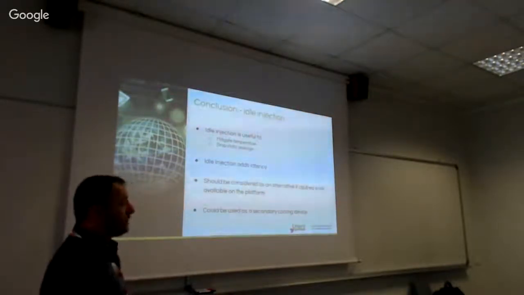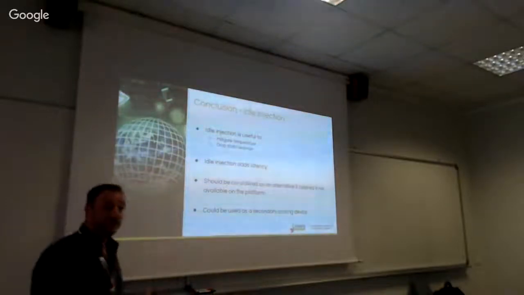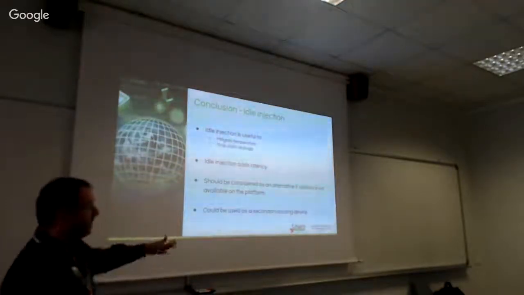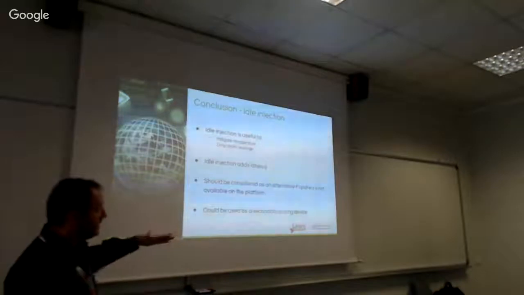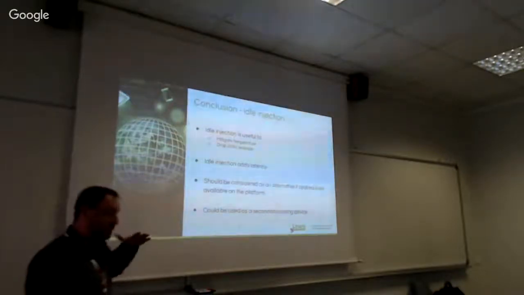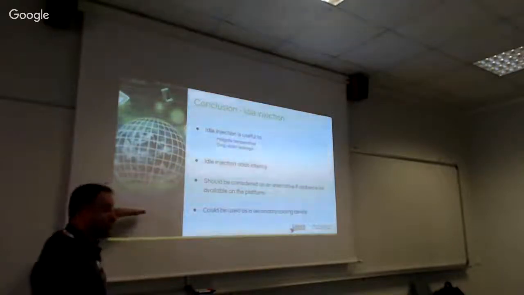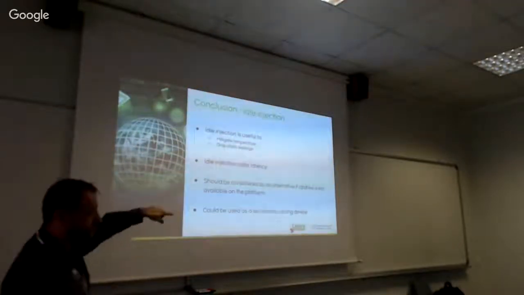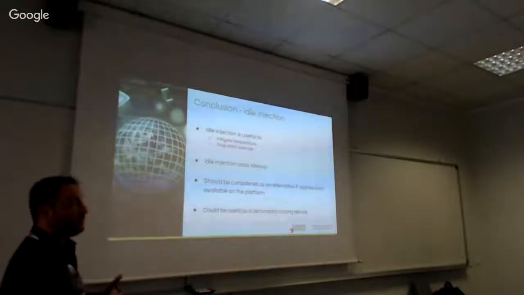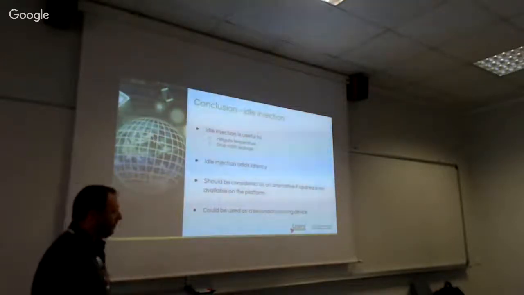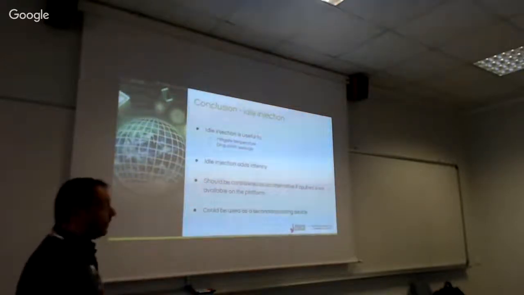Or we can also use that as a secondary cooling device. So let's imagine the first cooling device is acting at one temperature, and then when we reach another, higher temperature, we can switch to this one because that means the first one is not succeeding to cool down, for whatever reason, the hardware.